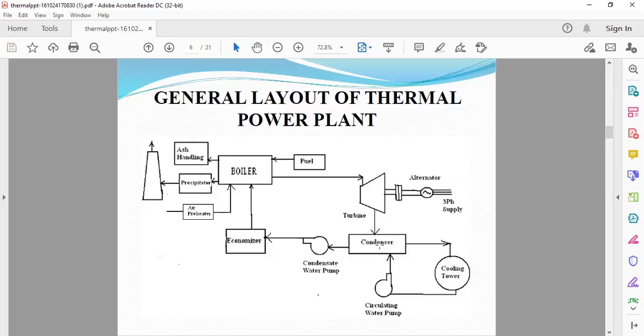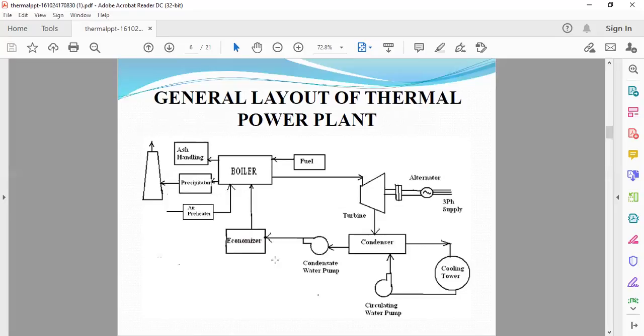In the condenser, cold water is circulated with the help of a pump, which condenses the low pressure wet steam. With the help of the pump, we pump water through the condenser, where we get the low pressure wet steam. This condensed water is then supplied to a low pressure water heater, where the low pressure steam increases the temperature of this feed water.